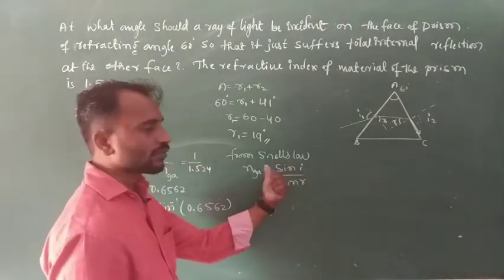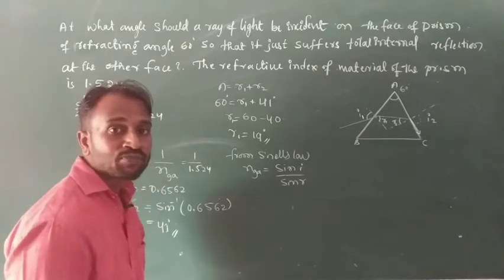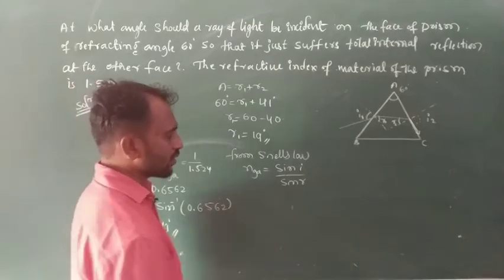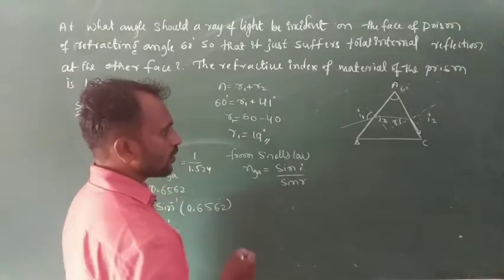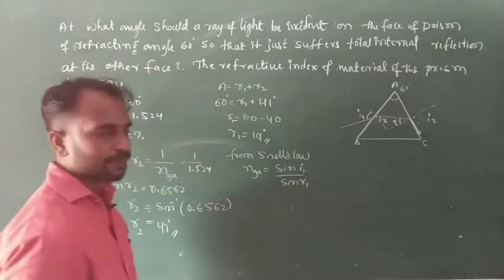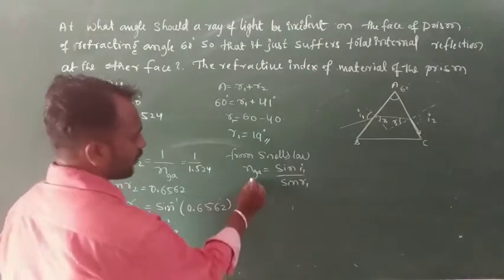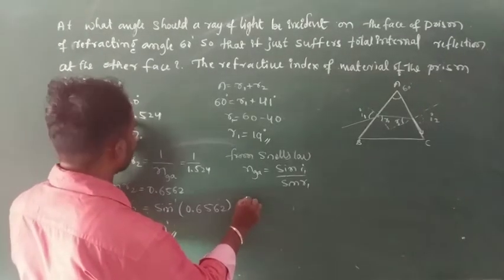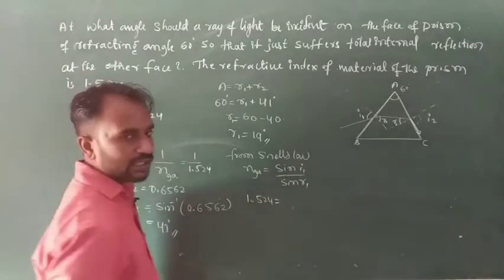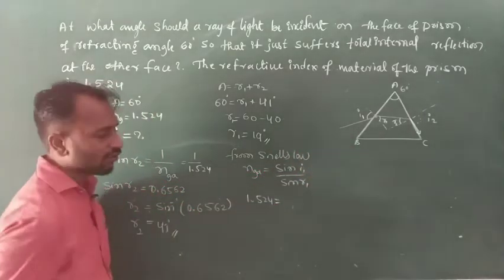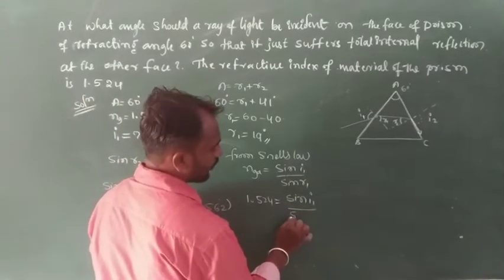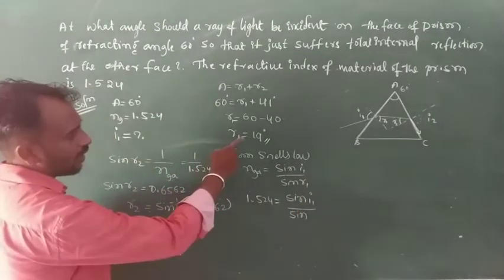It means it is the ratio of the sin of the angle of incidence to the sin of the angle of refraction, sin I by sin R. So here we consider sin I1 and sin R1. The refractive index 1.524 is equal to sin I1, we don't know the angle of incidence, we want to find out this angle of incidence, divided by sin R1 value, and the R1 value is 19.